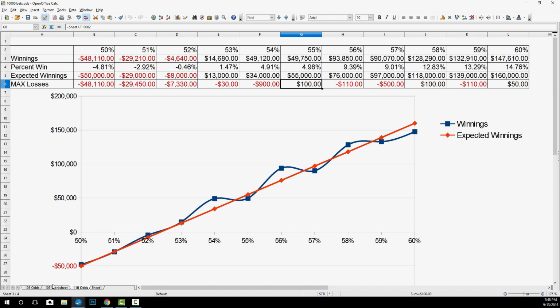That's because over time, the blue line should approach and approximate the red line with much less volatility. But the important thing with money management is that you're able to play long enough that your winning percentage becomes the main factor in your success in sports betting.